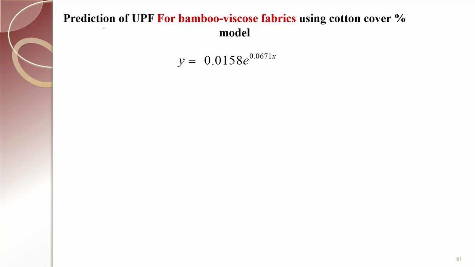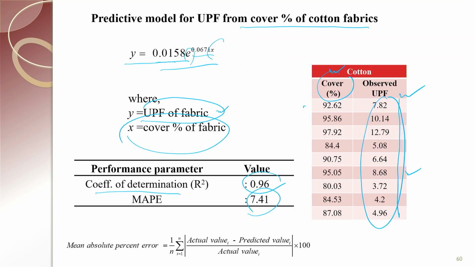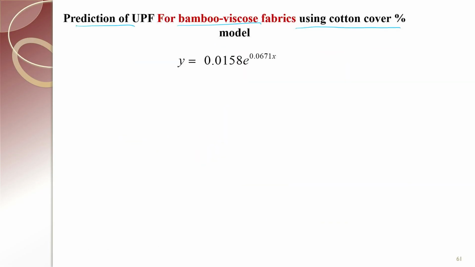So, we want to predict the UPF for bamboo viscose using the cotton cover factor model. This is the model for cotton cover factor, which we have predicted, and we tried to use the same model to predict the UPF of bamboo viscose.